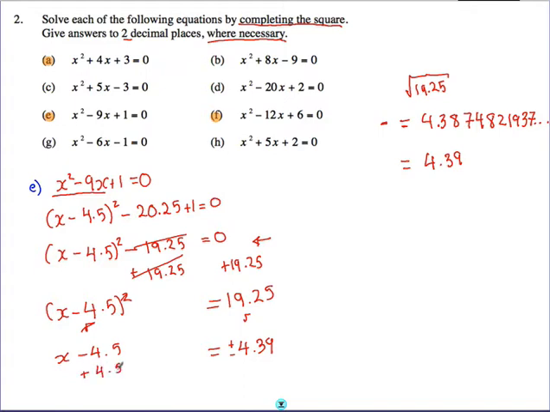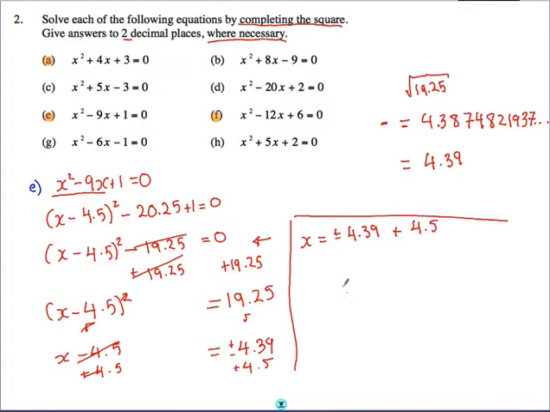Now let's go back. Add 4.5. We're going to solve for x. Cancel out. Balance. Add 4.5. This would mean, sorry, I don't have enough space. This would mean x is plus or minus 4.39 plus the 4.5 that we had from over this side.